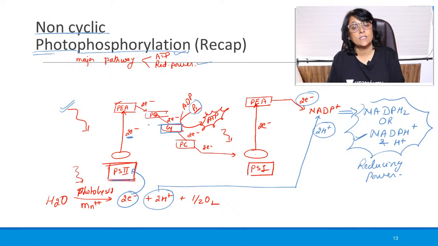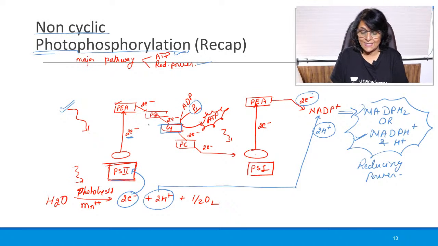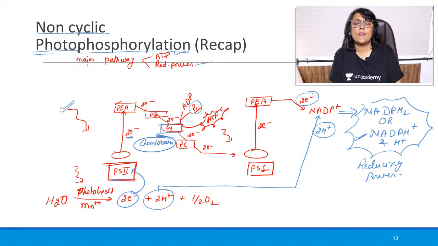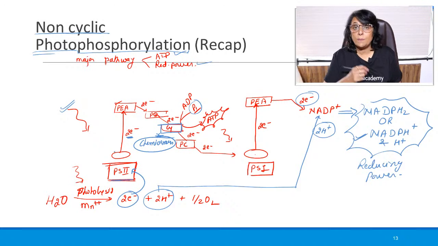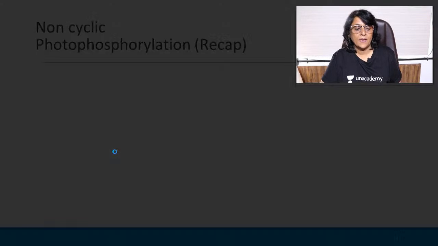This is the place where ATP synthesis takes place, and we said this ATP synthesis at cytochrome is known as chemiosmosis. And this is a very important thing. Chemiosmosis we will be talking about later on, maybe in the next 2 lectures in detail.